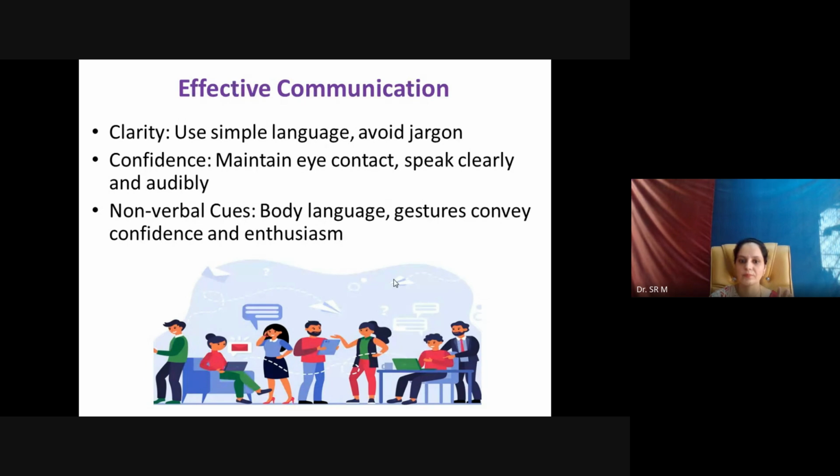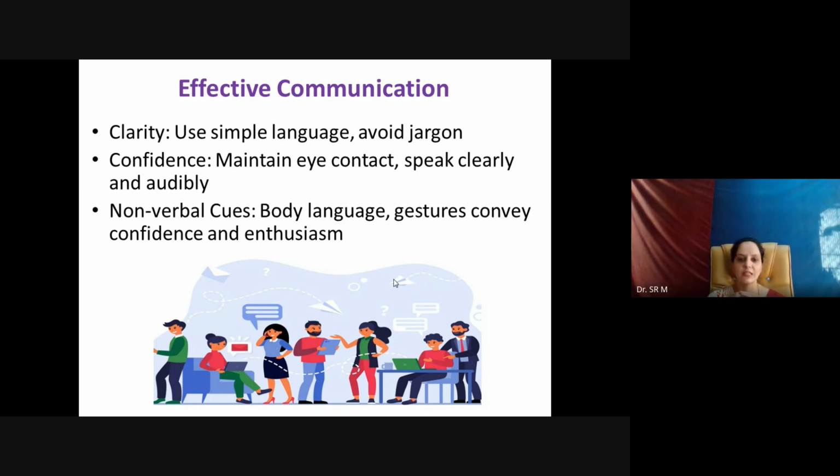Then please use language that is inclusive, understandable to all your varied attendees, right? Try to nurture an environment where everyone feels valued, where everyone feels, yes, I'm important, I'm engaged.